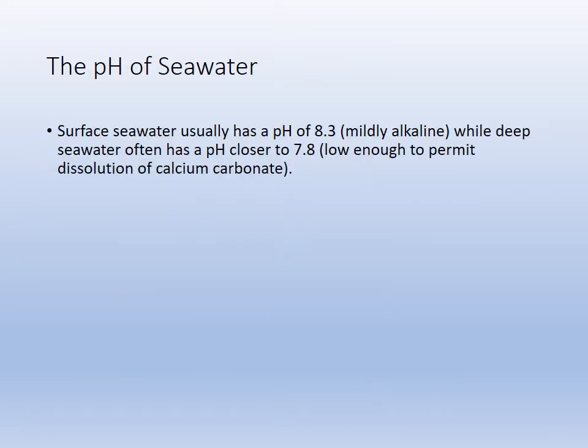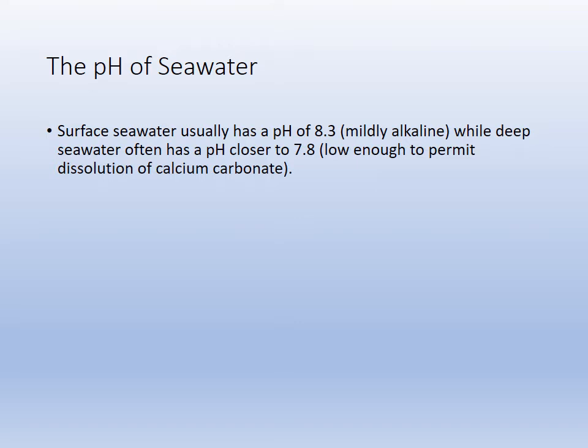The pH is important. pH is defined by the abundance of hydrogen, which makes it acidic, hydrogen ion, or hydroxide ion, which makes it basic. Pure water is exactly H2O, same amount of hydrogen as hydroxide, 7. Anything lower than 7 is acid. Anything higher than 7 is base.